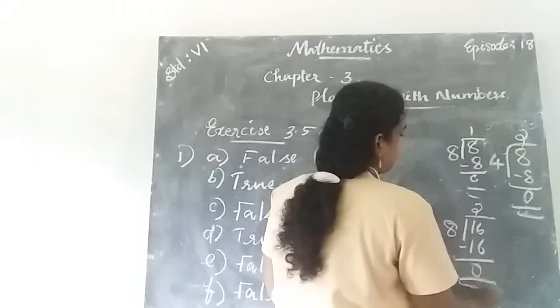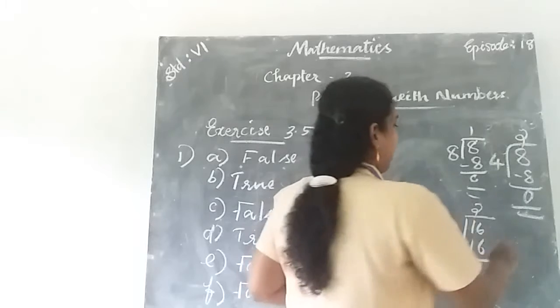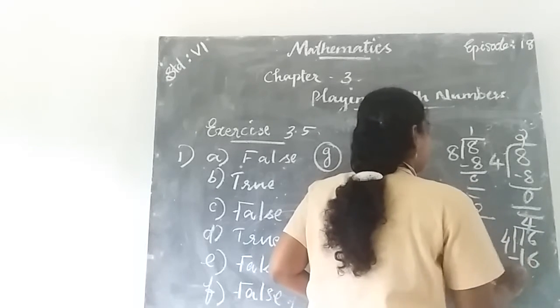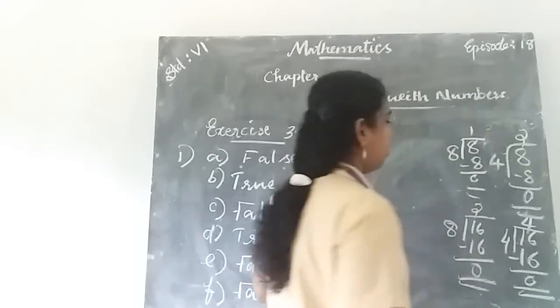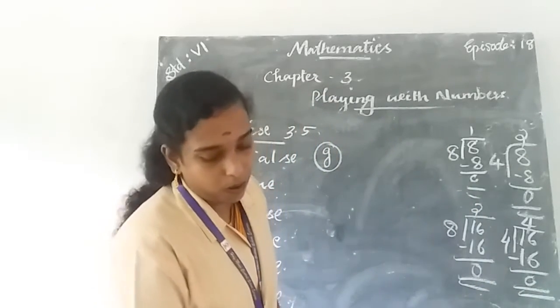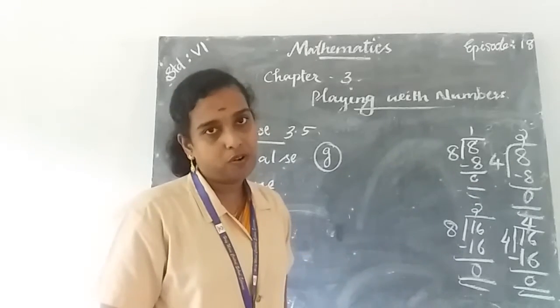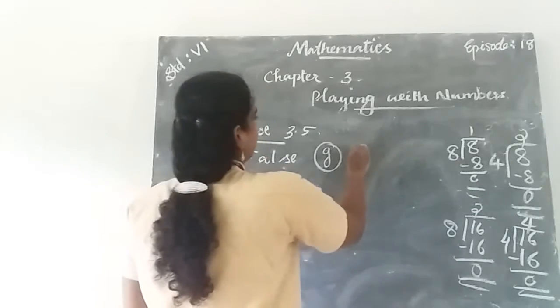So 16 is also divisible by 8, and 16 is also divisible by 4; 4 4s are 16. Okay, so we can say that all numbers which are divisible by 8 must also be divisible by 4. So the statement is true.